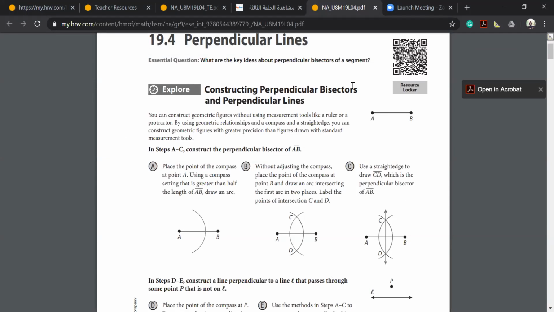And we said, what is a perpendicular bisector? If you remember, this is what we did. When you have these two lines, for example, like this and like this.